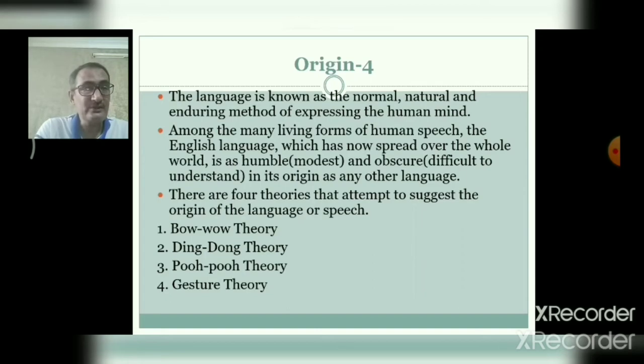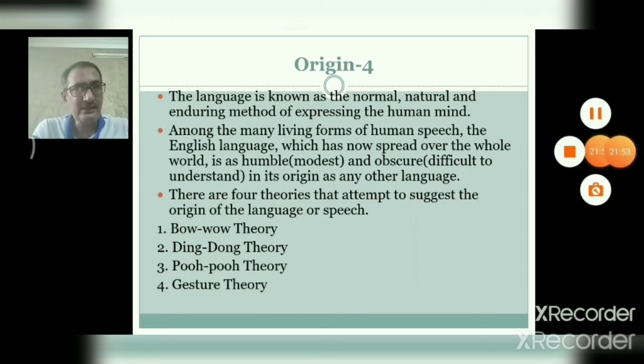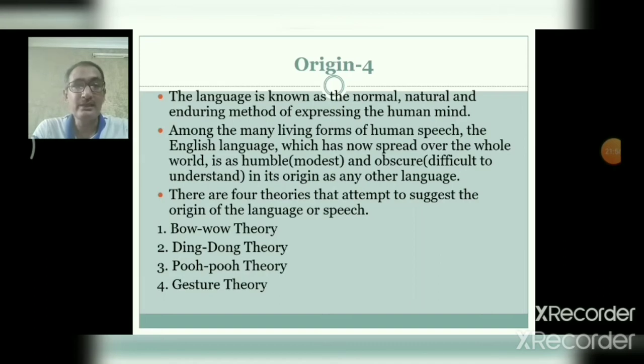And the names of these 4 theories are Bow Wow theory, Ding Dong theory, Pooh Pooh theory, and gesture theory. So we need to discuss all these 4 theories in detail and see how far we can rely on them for the development of human language.